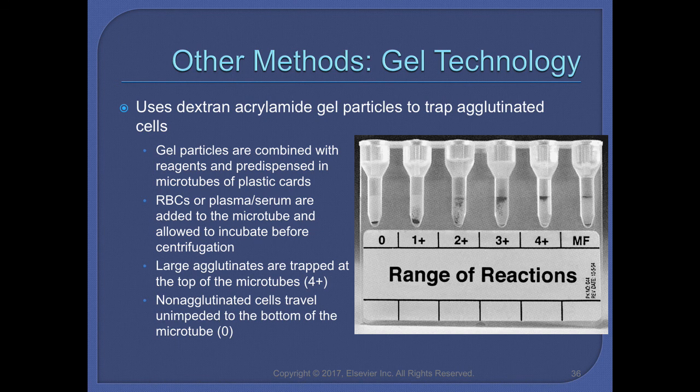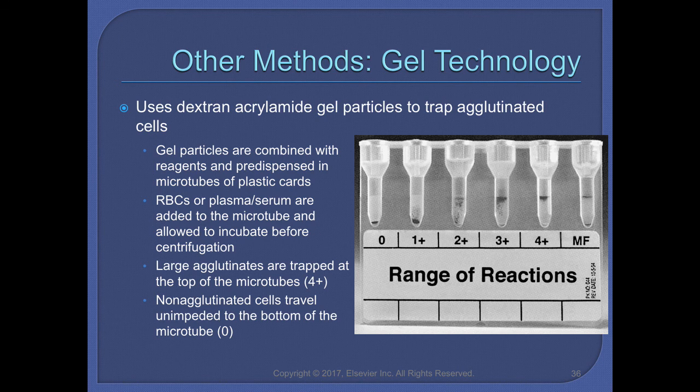Gel technology is pretty much everywhere in every blood bank lab, even though the most common testing procedure will be tube, because tubes are very inexpensive to use. They cost a lot less than buying gel cartridges and gel centrifuges. So tube testing will always be the foundation of the blood bank lab.